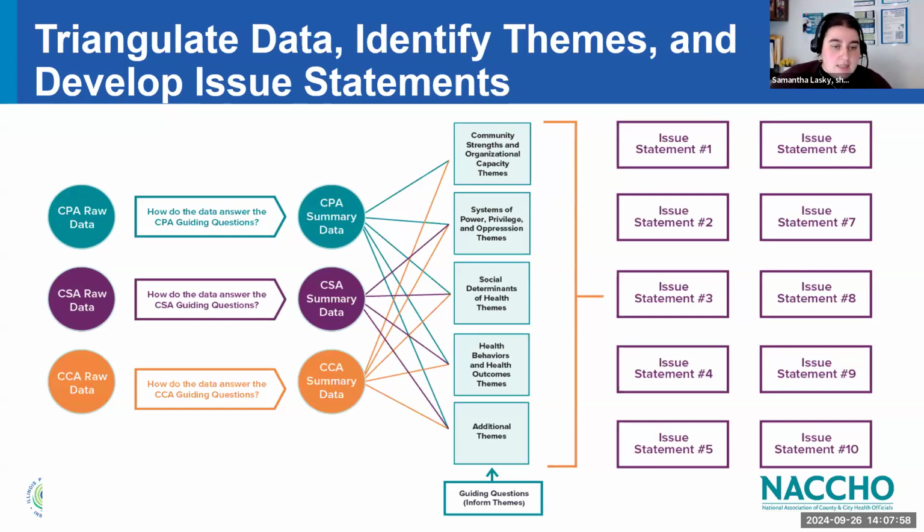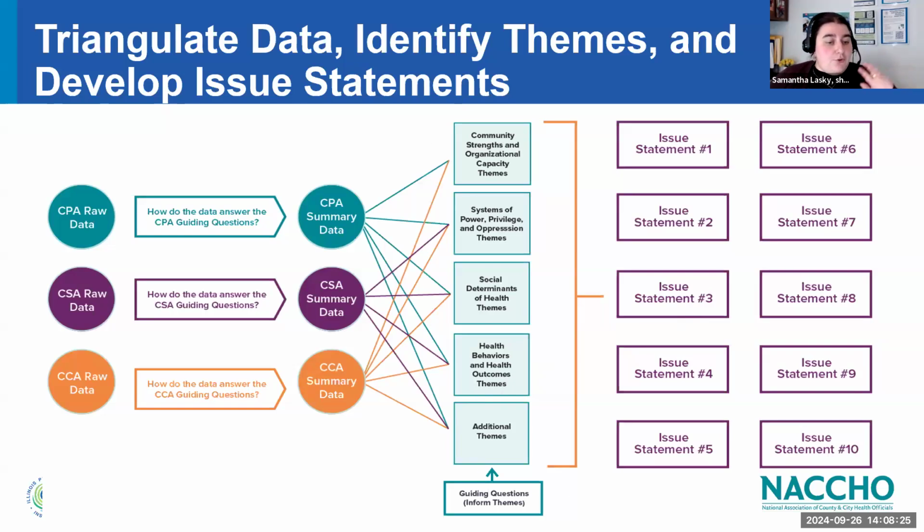First you'll take that raw data and answer the guiding questions from each assessment to summarize the data, which can be found in the handbook. Then you'll think about where that data fits along the health equity action spectrum and depict the linkages between root causes and health outcomes, showcasing the social determinants of health as well.